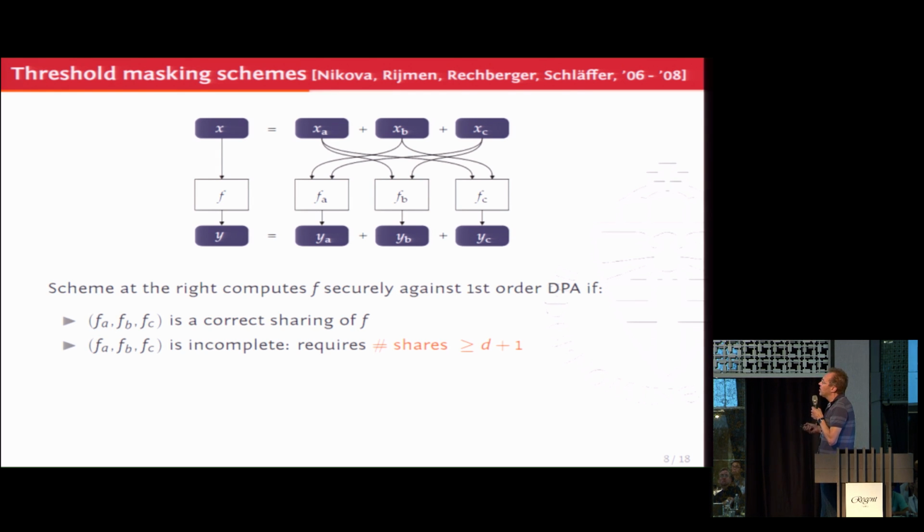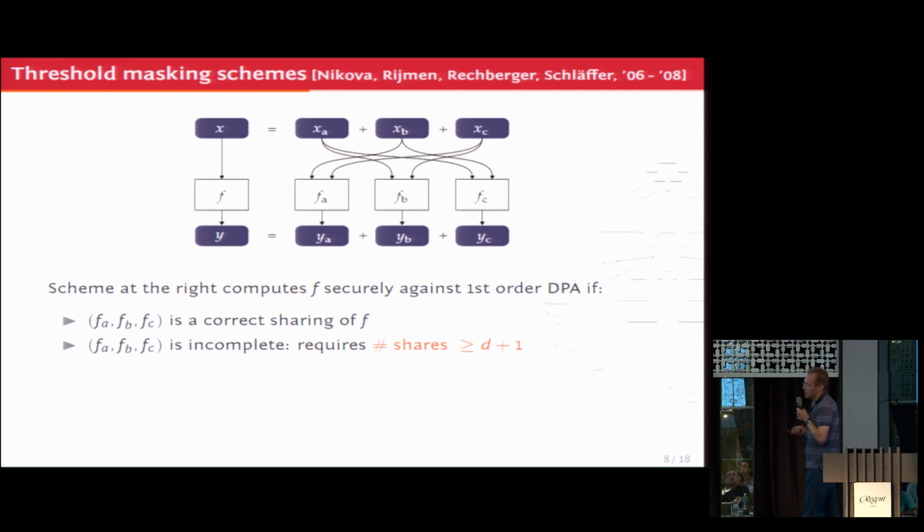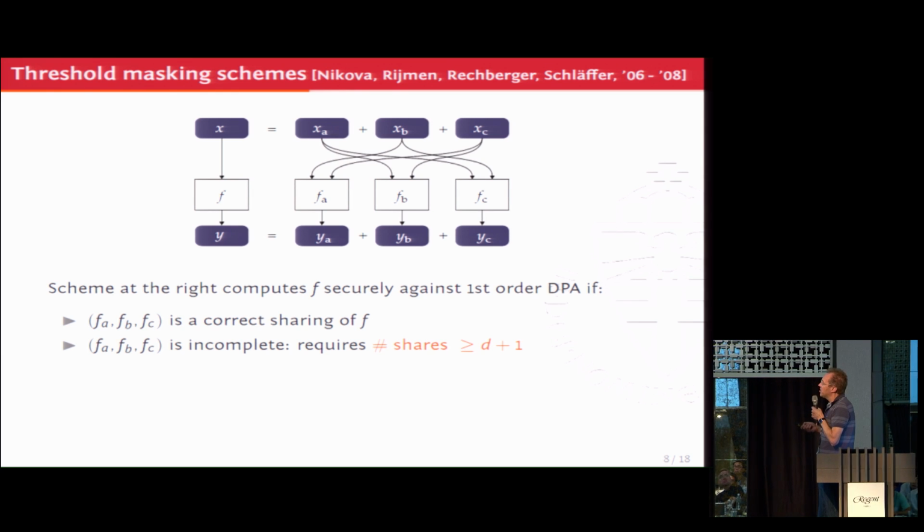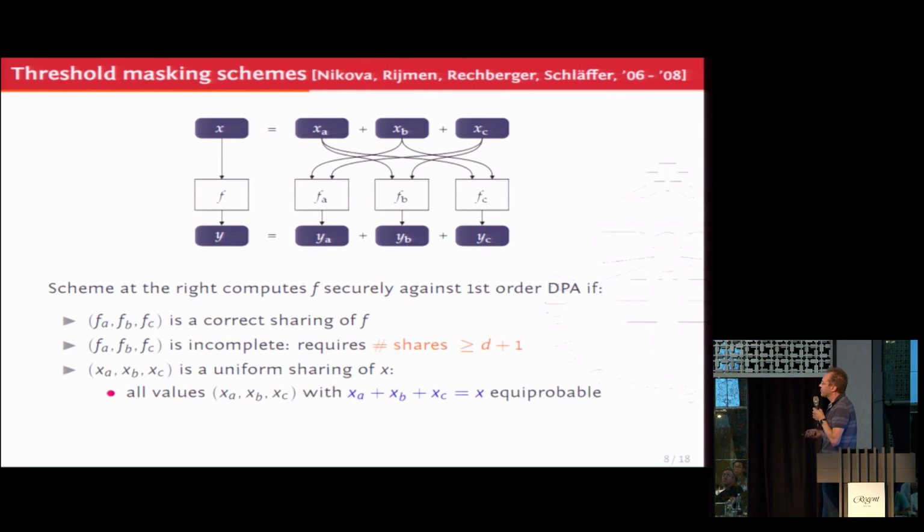That really determines how expensive it is, because it's not cheap. You have to triple your state, and your computation is times 3, even more. So it's quite expensive, but we get a nice guarantee that we are secure against first order DPA, and if we then boost the noise, we think we're safe.